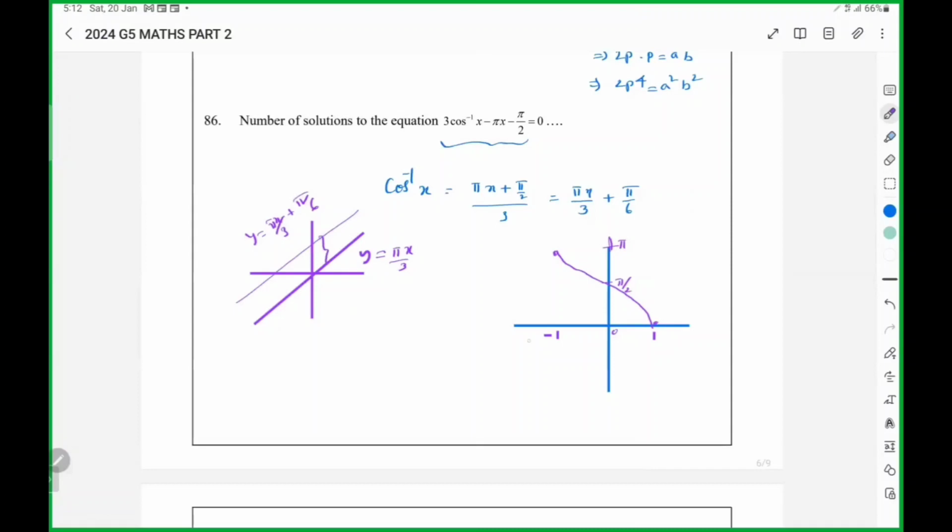Somewhere here where it intersects, x will be minus half. Somewhere there is an intersection. So that means you have one solution for it.